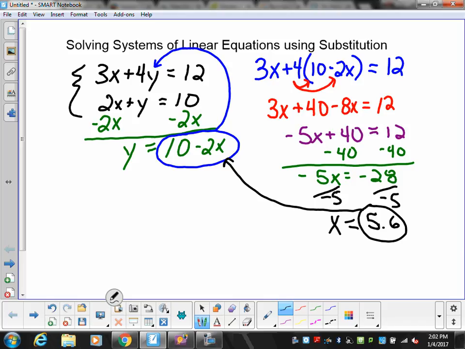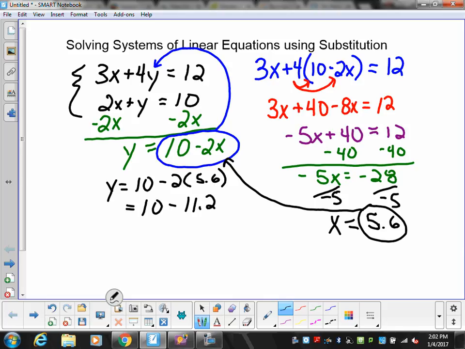So y equals 10 minus 2 times 5.6. So using the math, that's 10 minus 11.2.